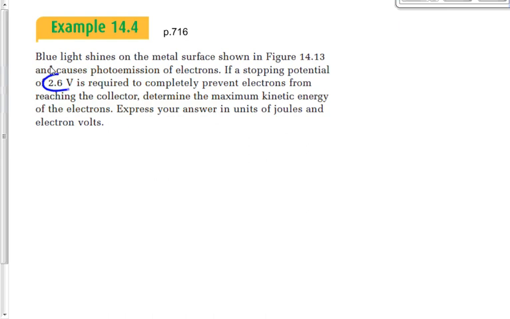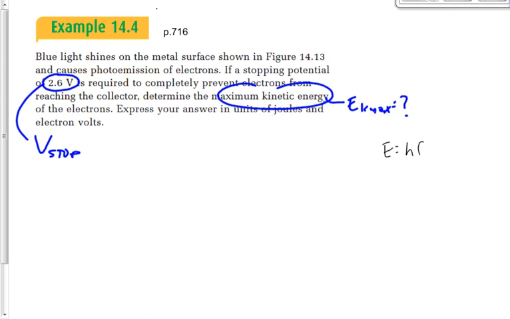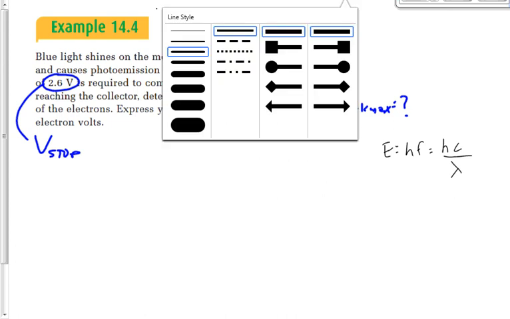All right, so what do we have here? This is going to be V stop, and we want to find EK max. We want to find it in joules and electron volts. Let's just summarize again real quickly what equations we have available to us and to use here. We have E is equal to HF is equal to HC over lambda. This equation is certainly valid for the photoelectric effect, but not specific to the photoelectric effect. We can use that whenever we want, as long as we have a photon.